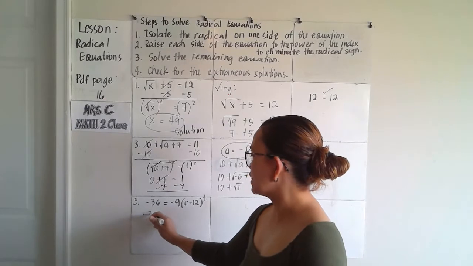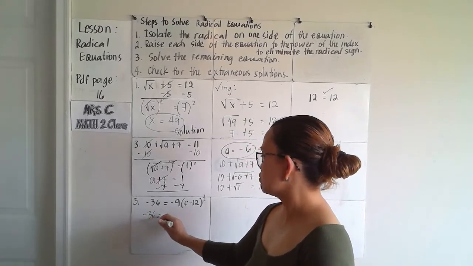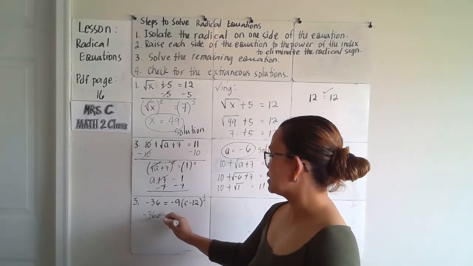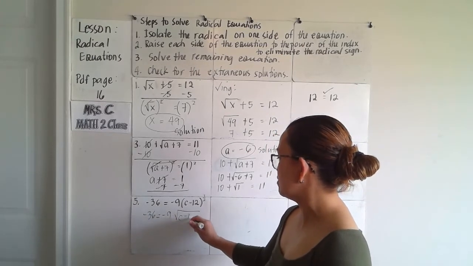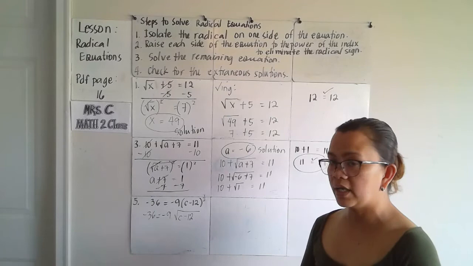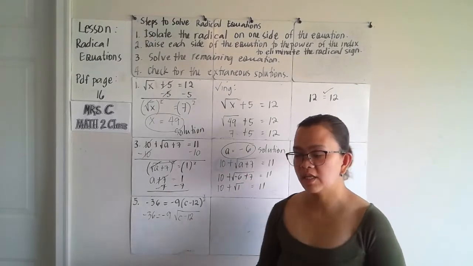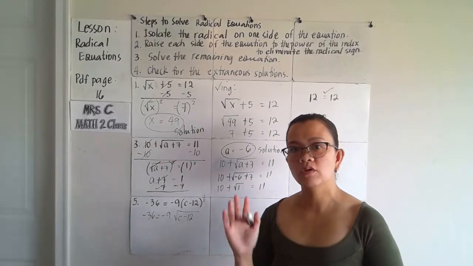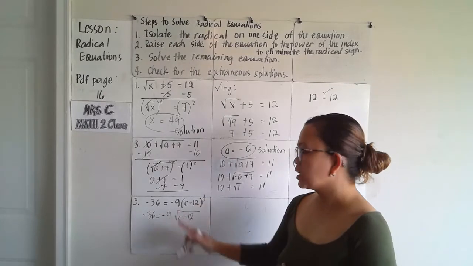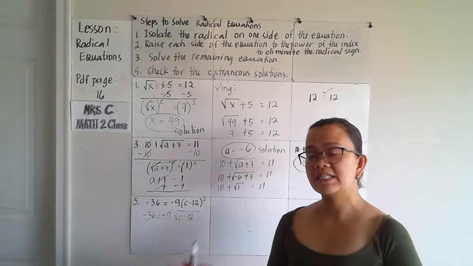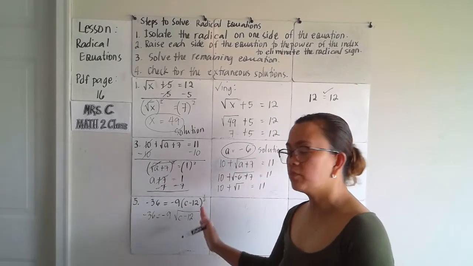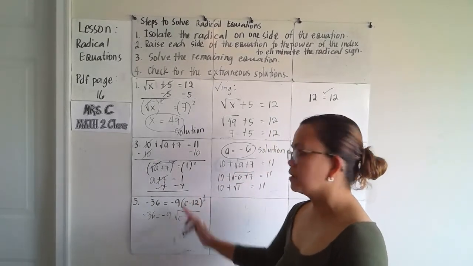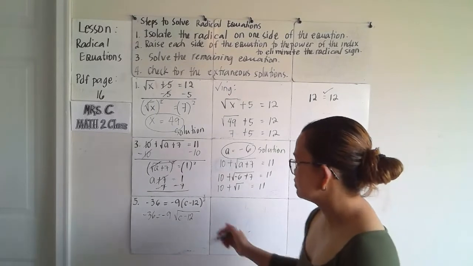So I will rewrite this equation as negative 36 equals negative 9 square root of c minus 12. The 1 as an exponent is implied, so I don't need to write it, and the 2 is also implied as the index. That is the radical form of this rational exponent.